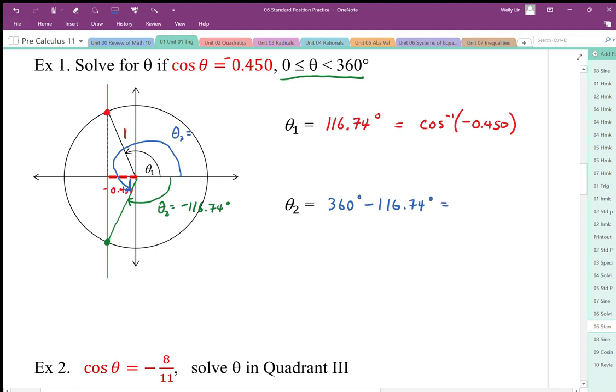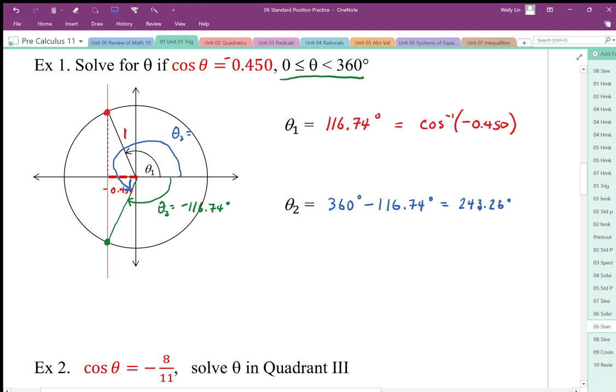So 360 minus that angle, okay, that gives me 243.26 degrees, and that is the same angle as negative 116.74 degrees, but it's measured in the positive direction.